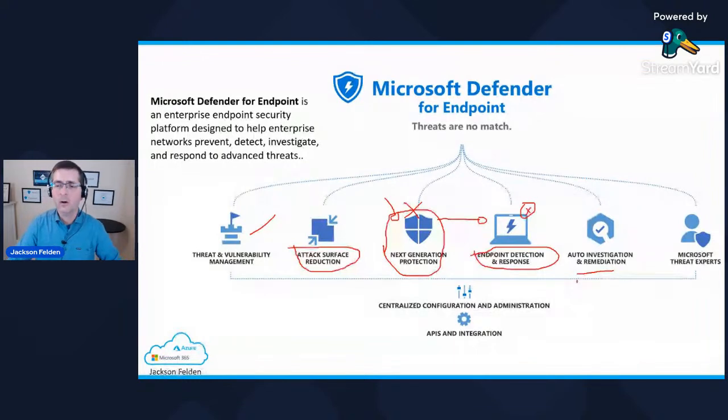This is why, with the auto investigation and remediation, Microsoft will do that work, and depending on the configuration we set, we can even allow Defender for Endpoint to close the alerts by itself. If Microsoft does the analysis, does all the remediation, double checks everything, and nothing was left behind in regards to that attack, there is no need to leave the alert open, and Microsoft can close that for us.